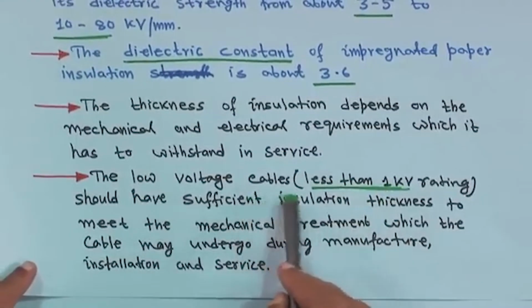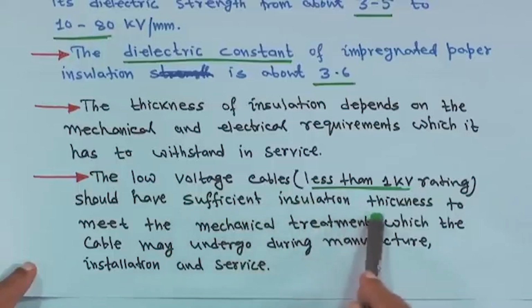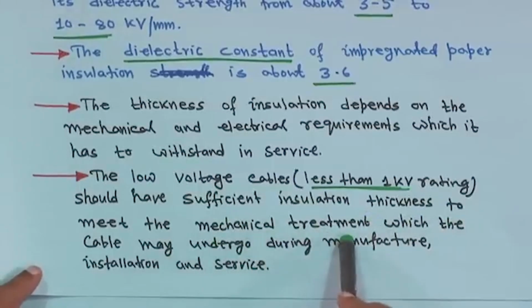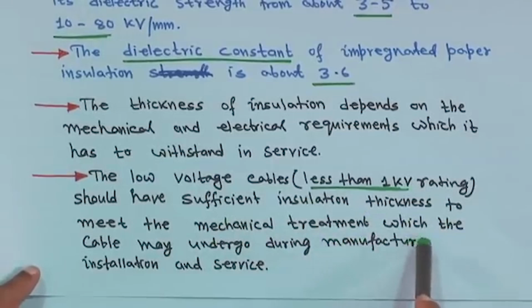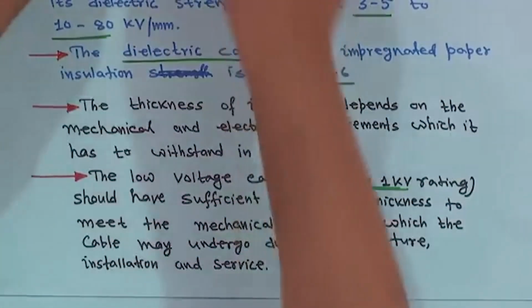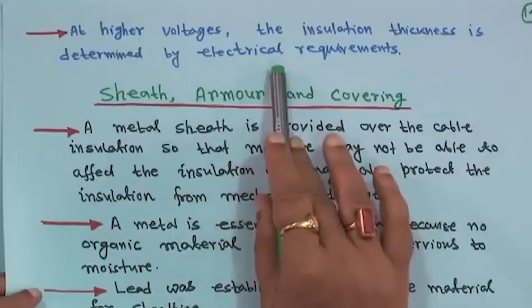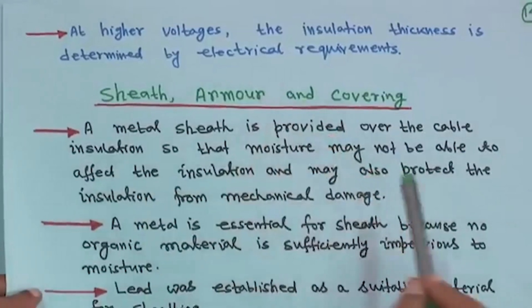So, the low voltage cables, that is less than 1 kV rating, should have sufficient insulation thickness to meet the mechanical treatment which the cable may undergo during manufacture, installation and service. So, these are certain things, right. At higher voltages, the insulation thickness is determined by electrical requirements, particularly the voltage level.